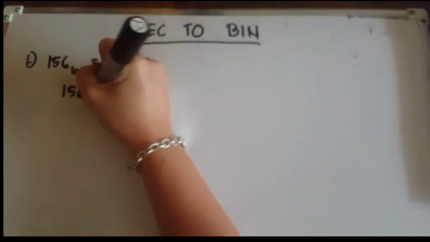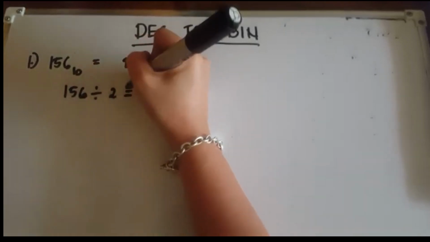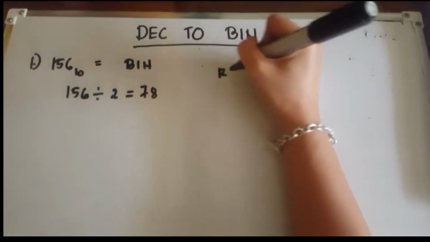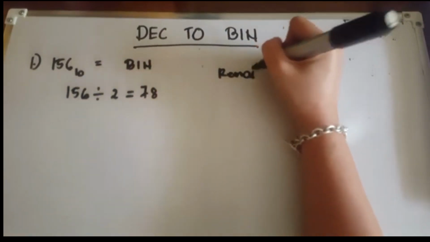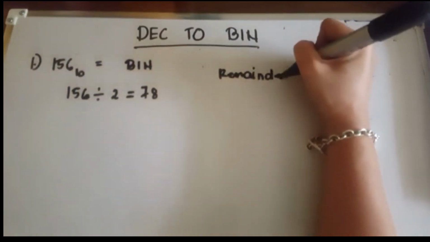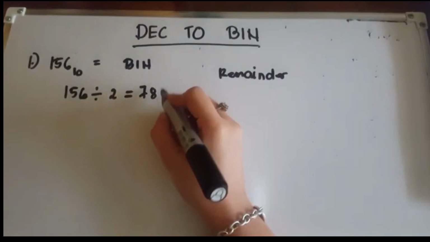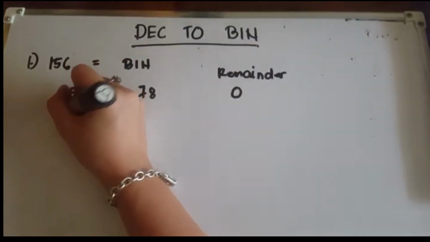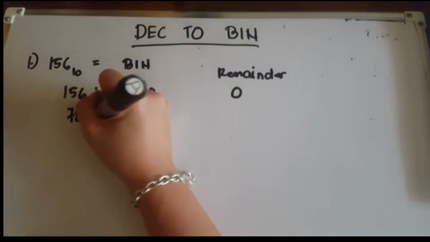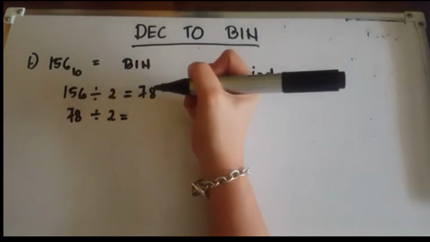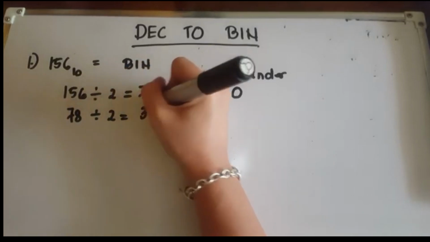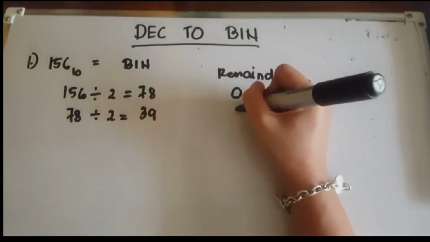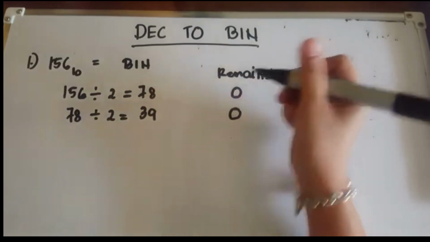Okay, so 156 divided by 2, of course, is 78. So we're gonna put here remainder. Of course, there's no remainder because this is a whole number, so we're gonna put 0. So 78 divided by 2 is 39. There is no remainder also, so this becomes 0 for the remainder.